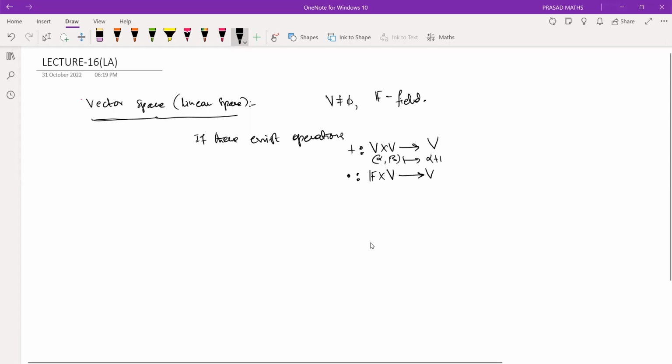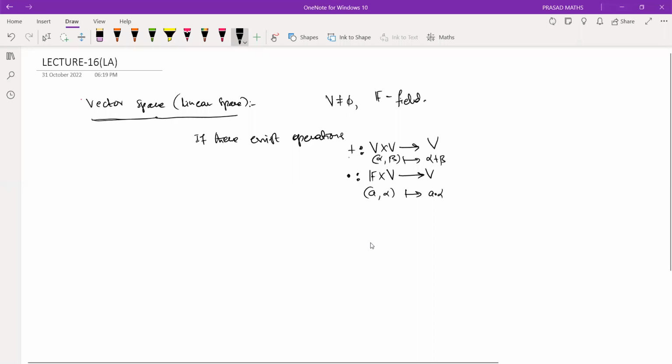This alpha plus beta should be an element of V. And you take any scalar and any vector that maps to V, that is denoted by a into alpha. So there are two operations, one is this, one is this.